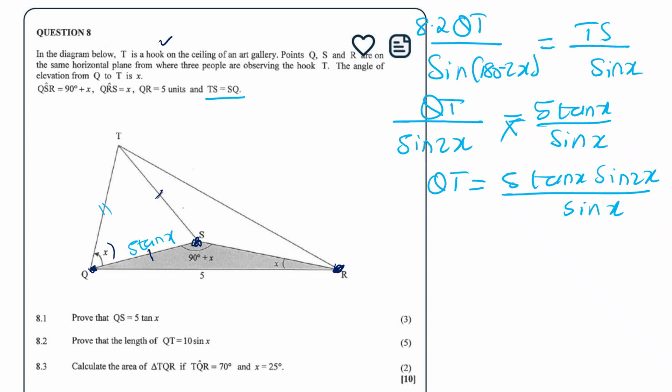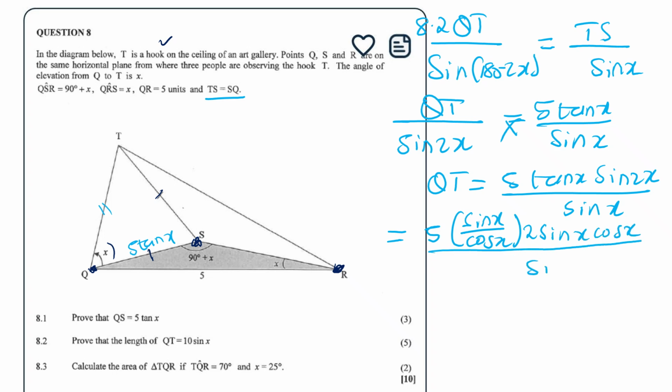Very good. Now this is equivalent to 5, and tan is equivalent to sine x over cos x. Now we multiply by sine 2x, which is equivalent to 2 sine x cos x. Then we divide this by sine of x. Very good.